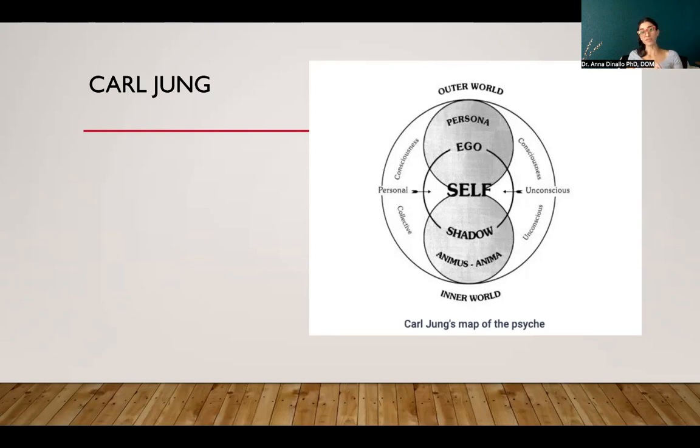We also know that 15% of reported assault cases is 12 years old to 17. So think about how that impacts the rest of the lifespan of that individual. And we'll talk more on the biology of that impact in a moment.